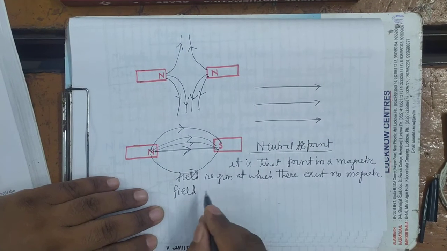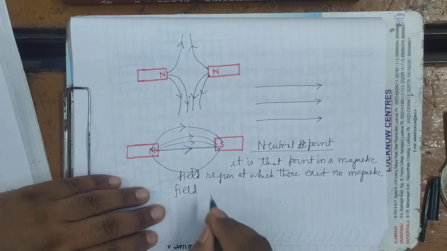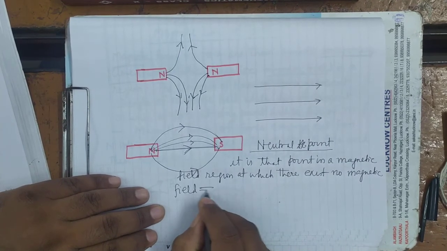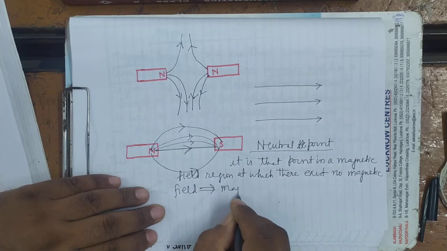And therefore the magnetic compass will not stay in any specific direction.